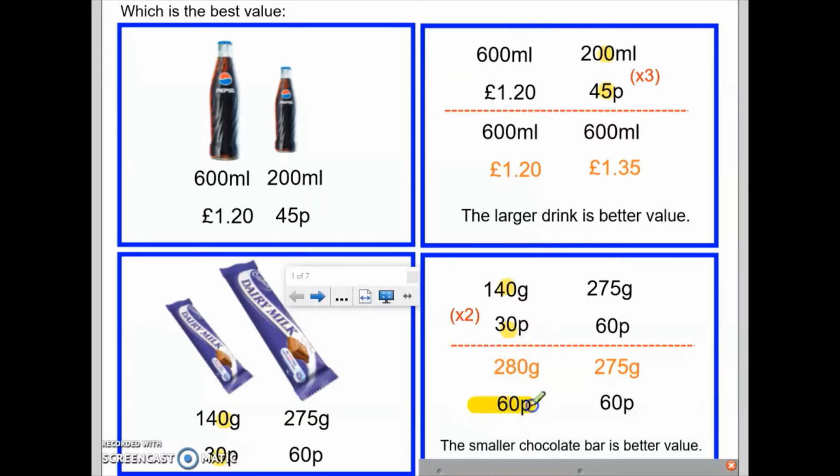And because I have 60 for the small bar and 60 for the large bar now, I can do a direct comparison. So you can see here I get more chocolate for my 60 pence than I do here. So in this question, the smaller chocolate bar is better value. The smaller chocolate bar is my best buy.